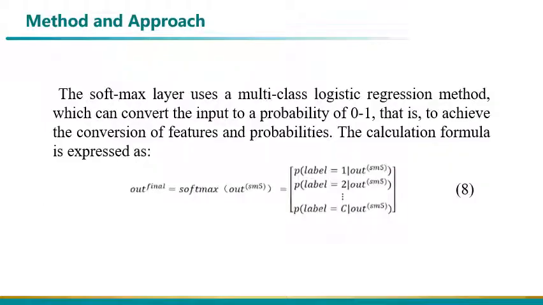The softmax layer uses a multi-class logistic regression method, which can convert the input to a probability from 0 to 1, that is, to achieve the conversion of features to probabilities. The calculation formula is expressed as formula 8.